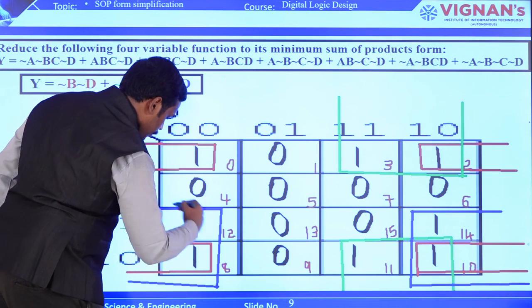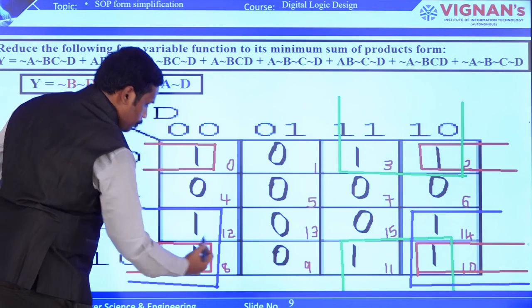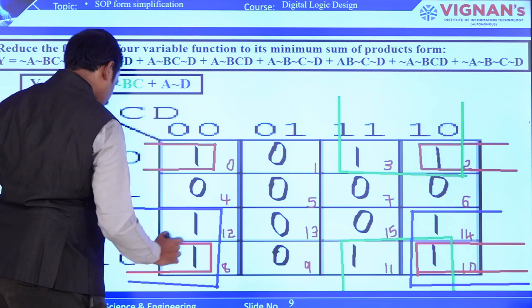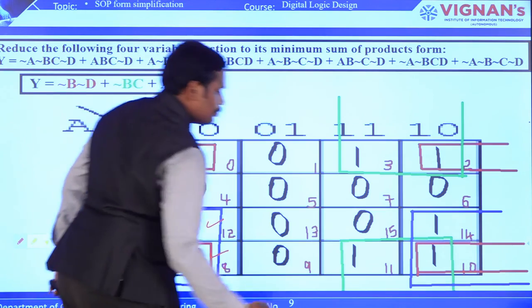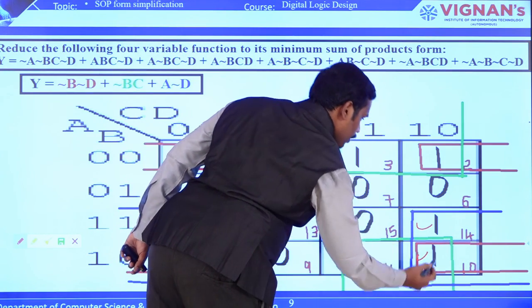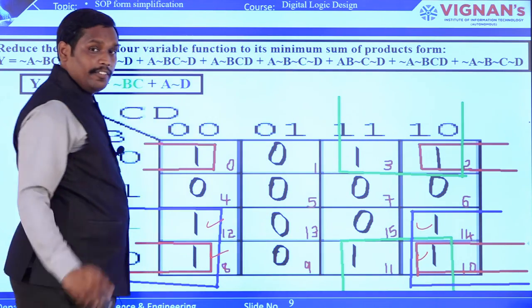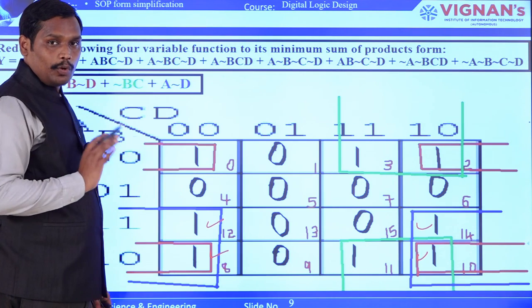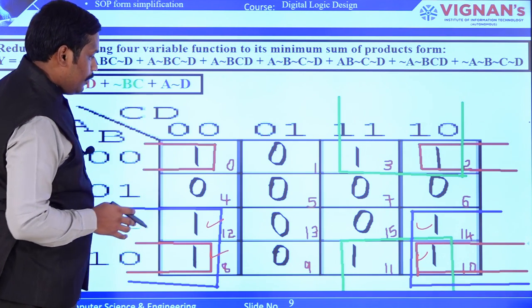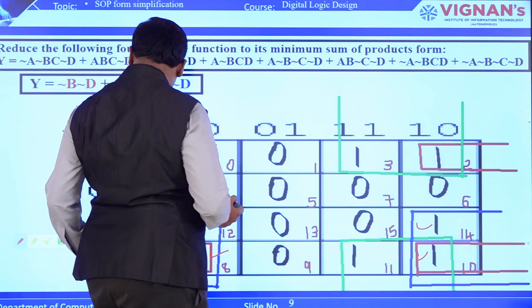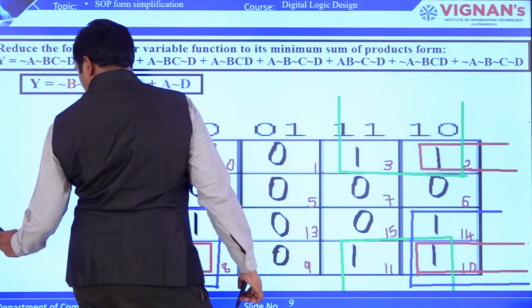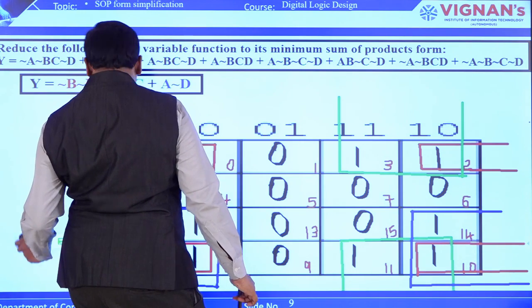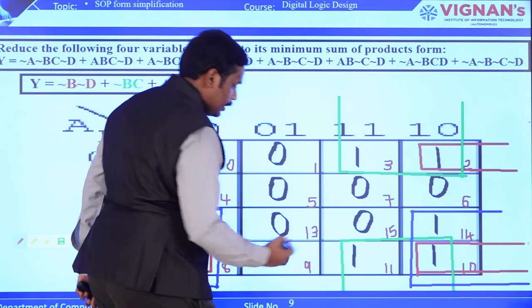Now the markings that are done in blue. So for example, this one, this one, this one, this one. You can see a blue marking. Even that we can frame as a quad. And then the final quad is this one, because we have to find out whether quads or pairs or octets exist or not.